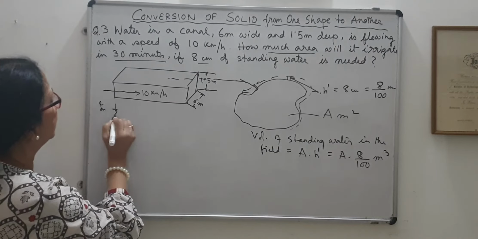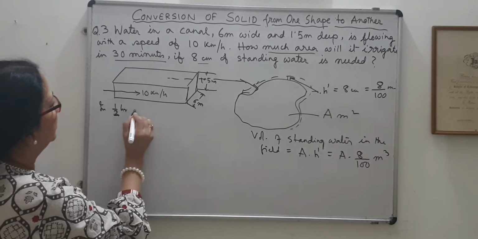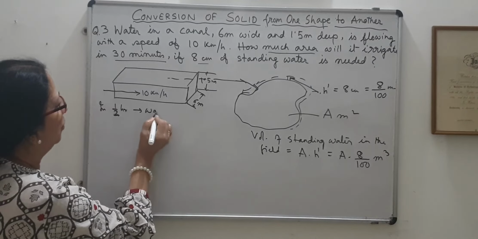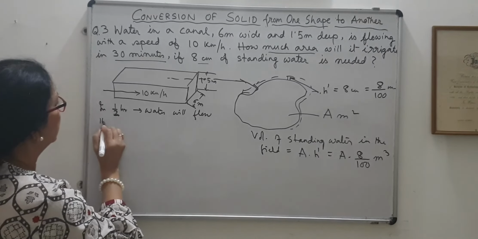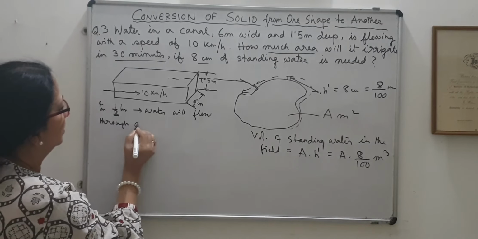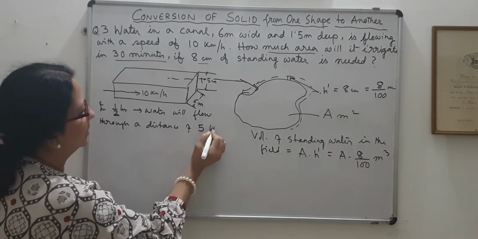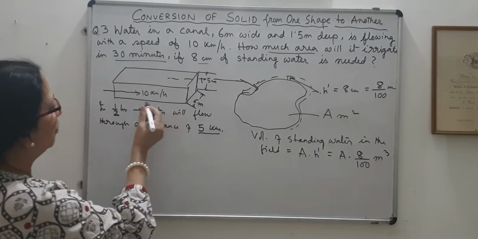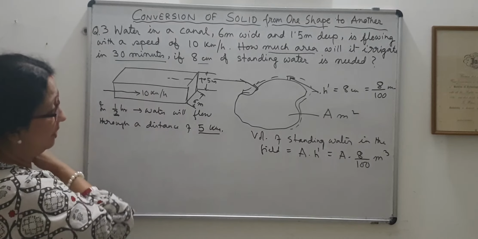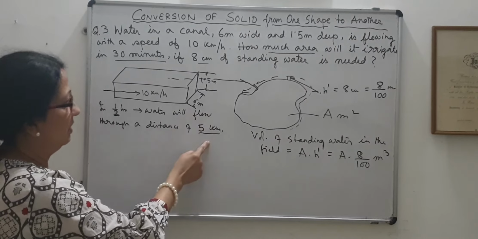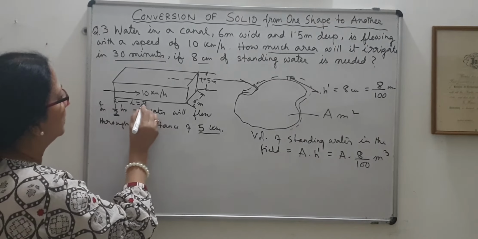So in half an hour, 30 minutes, the water will flow through a distance of 5 kilometers, isn't it? Because in 1 hour it is moving a distance of 10 kilometers, so in half an hour it will move half of it, 5 kilometers.